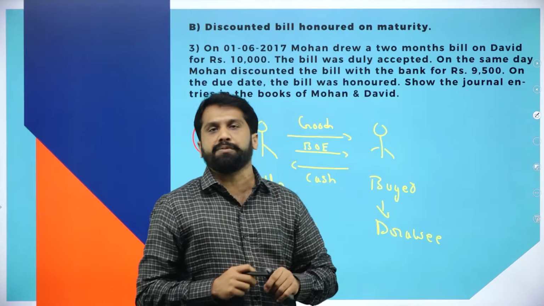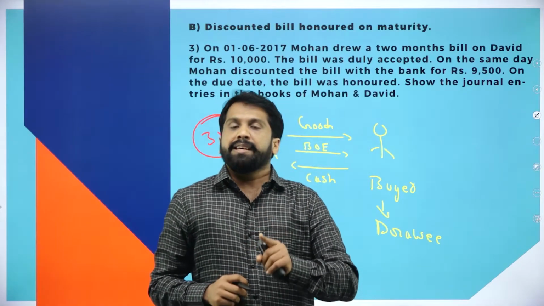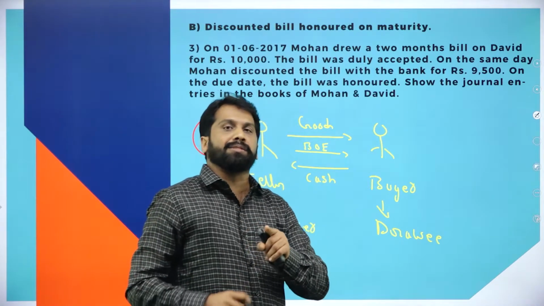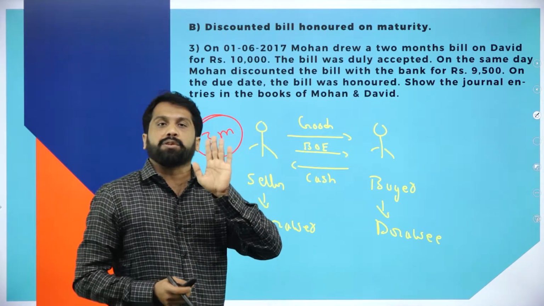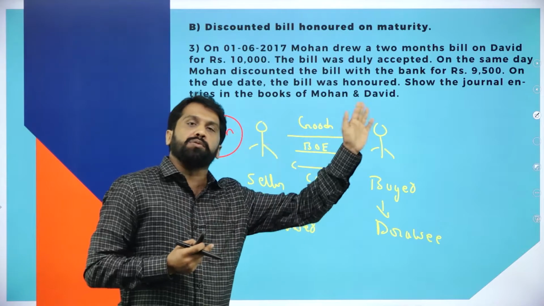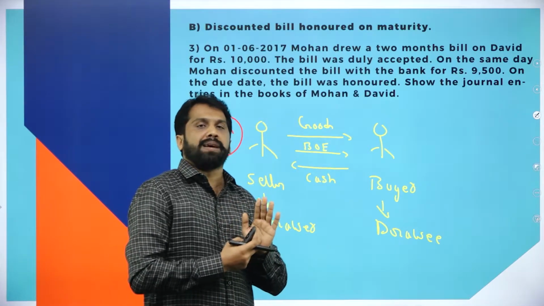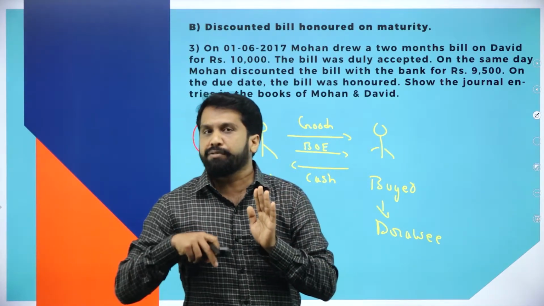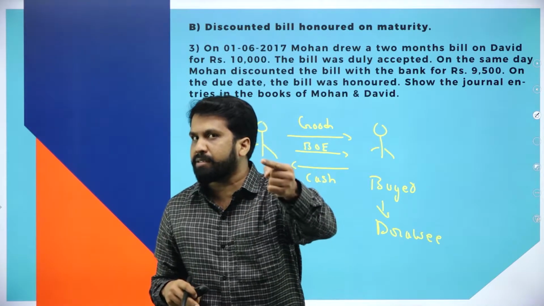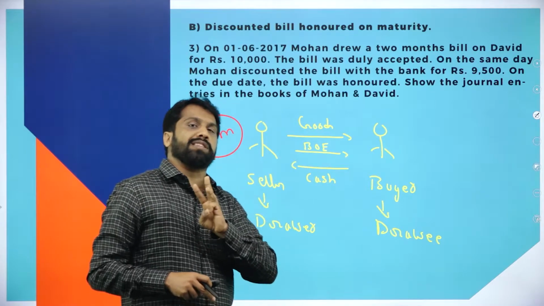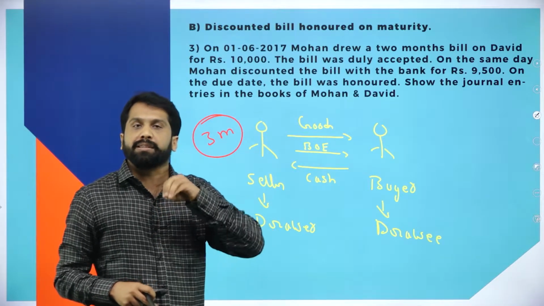What can I do? The solution is, instead of collecting the 10,000 from you after 3 months, whatever signed document you have given, I'll go to the bank. Now we are in the month of January. I'll get the 10,000 after 3 months. I cannot wait up to 3 months. I need money today itself.